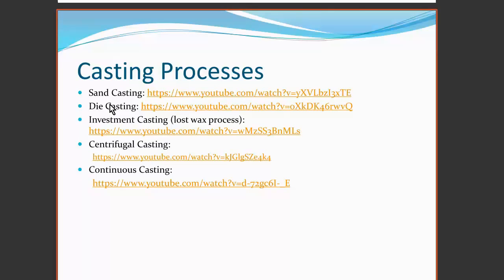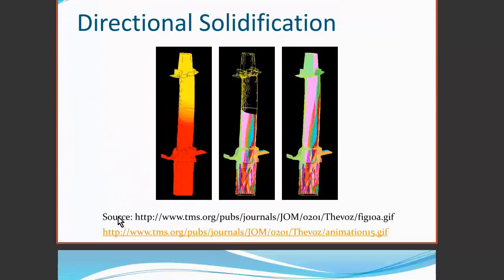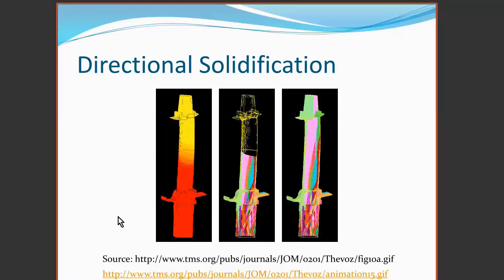I've listed a number of different types of casting processes here with some videos to explain what they are, and I would encourage you to go and watch them. An interesting modification of the casting process is to deliberately create thermal gradients in the mold in order to cause directional solidification.